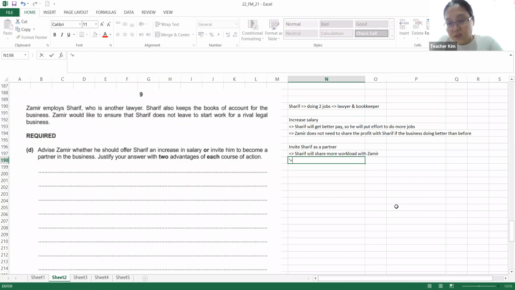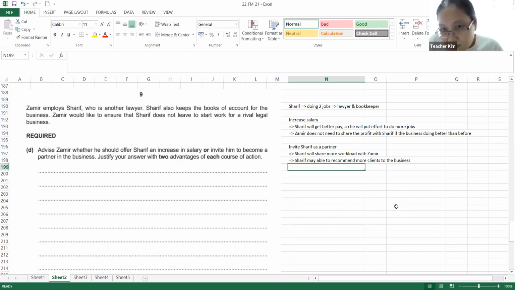Other than sharing workload, more important is Sharif may be able to recommend more clients to the business, because the more profit they make, the more they can share.